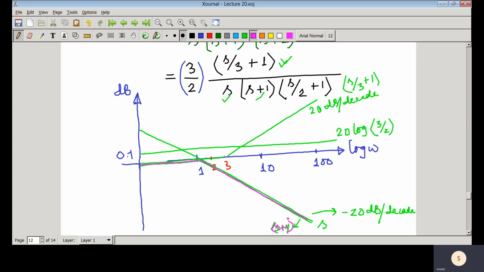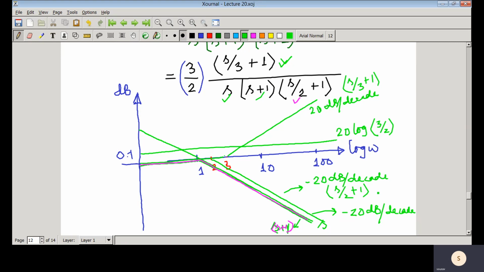that is in the denominator, and we have another one, that is s by 2 plus 1. So s by 2 plus 1 means up to this, and here we have another one, so that is again that slope is minus 20 dB per decade, and this is that factor, that is s by 2 plus 1.